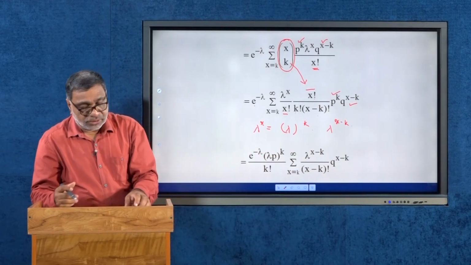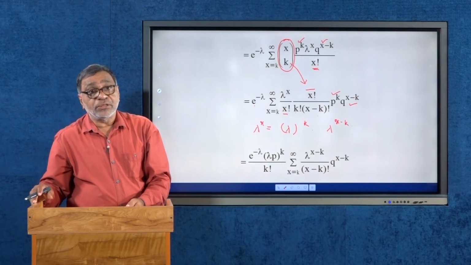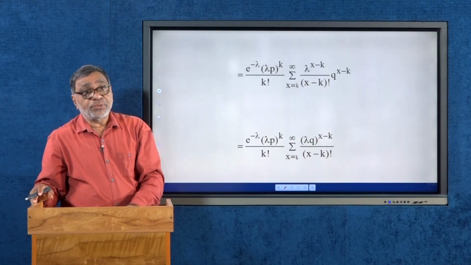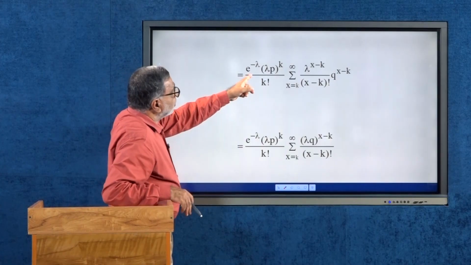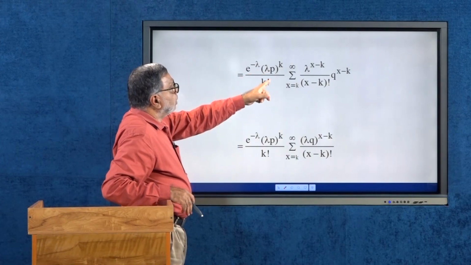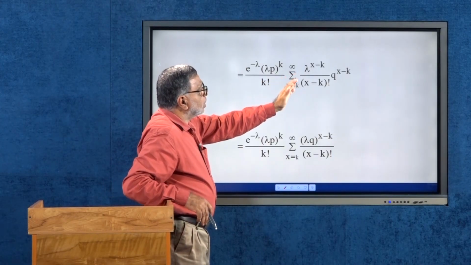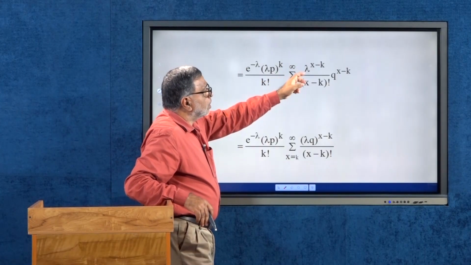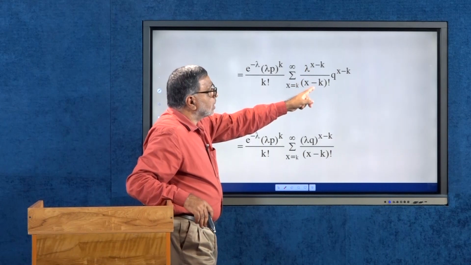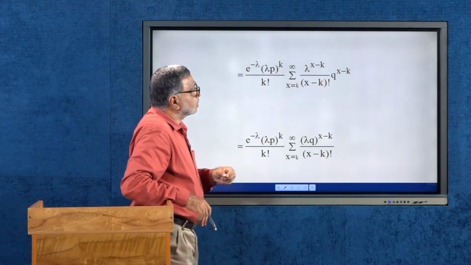And after this, you just find the summation of this quantity. The first factor is e power minus lambda, lambda p power k divided by k factorial, and the second factor is the sum over x equal to k to infinity of lambda power x minus k divided by x minus k factorial, q power x minus k.